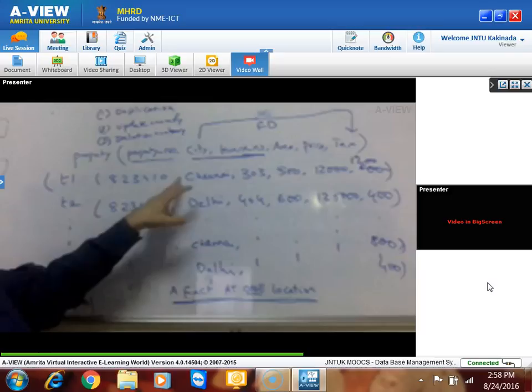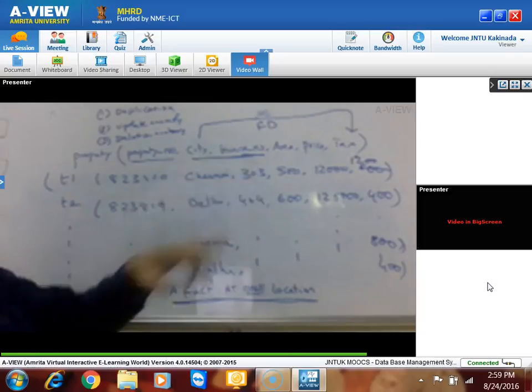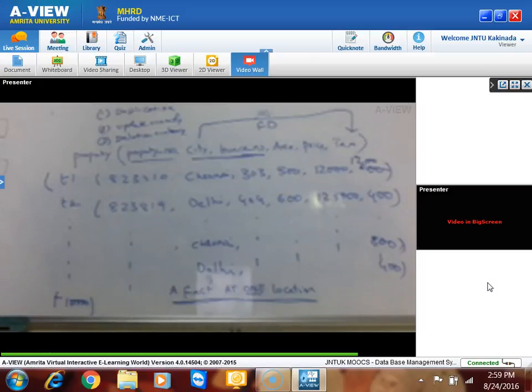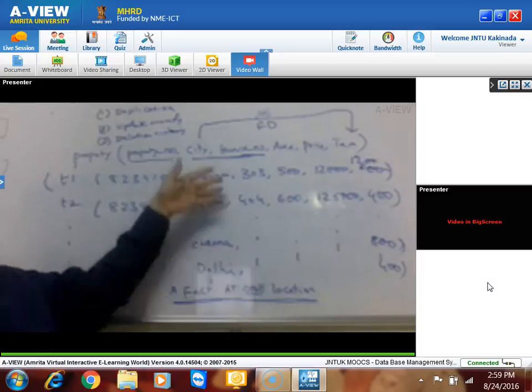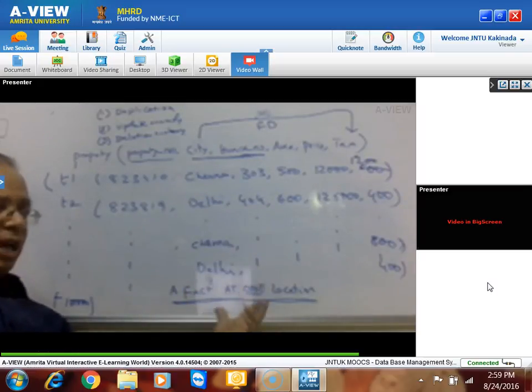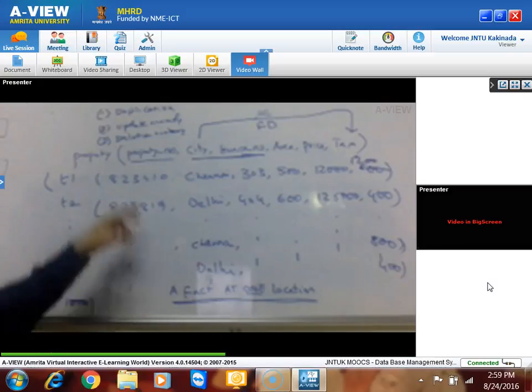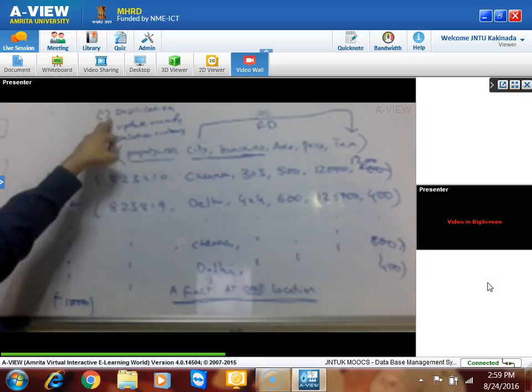So when this fact changes, for example, the fact that Chennai has a tax of 800 changes to Chennai having a tax of 1200, you have to go and update in multiple locations. If a fact is stored in only one location, duplication will be avoided.